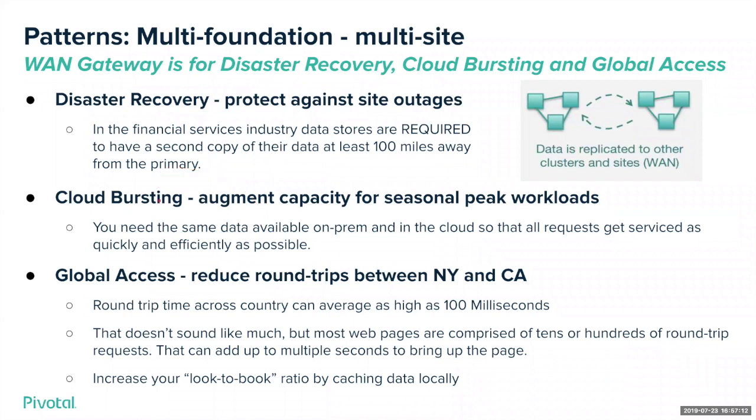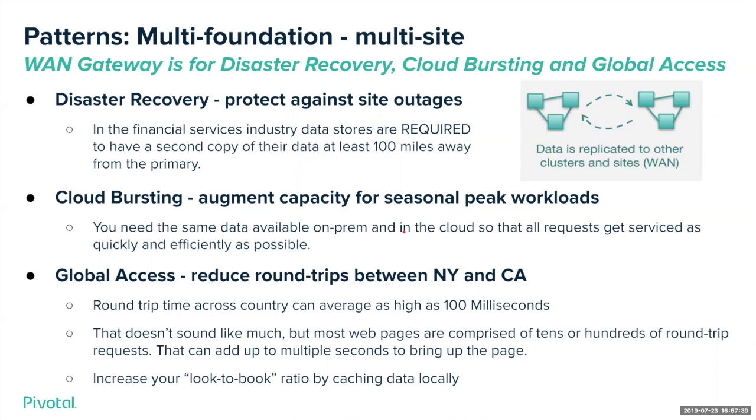Another reason to have this multi-site solution with PCC is cloud bursting, right? You might have your application on-prem, and if you anticipate seasonal peak workloads, like maybe Christmas time, you want to augment your capacity and move to the cloud. You can use this WAN replication, WAN gateway to do that.